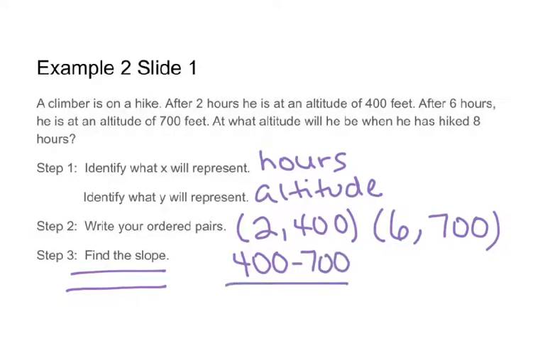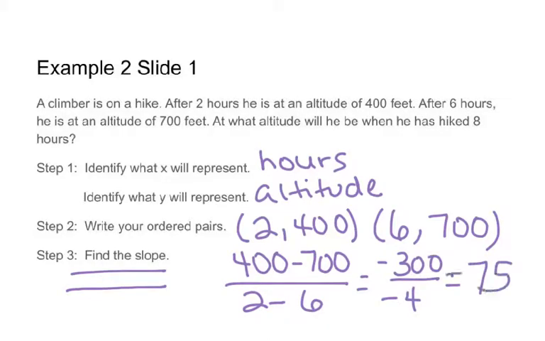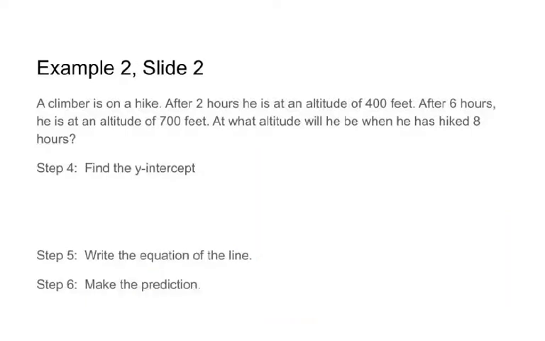And then I'm going to subtract my two x values on the bottom. It'll be negative 300 over negative 4, or 75. So this guy is basically climbing 75 feet each hour. So we found that the slope was 75.